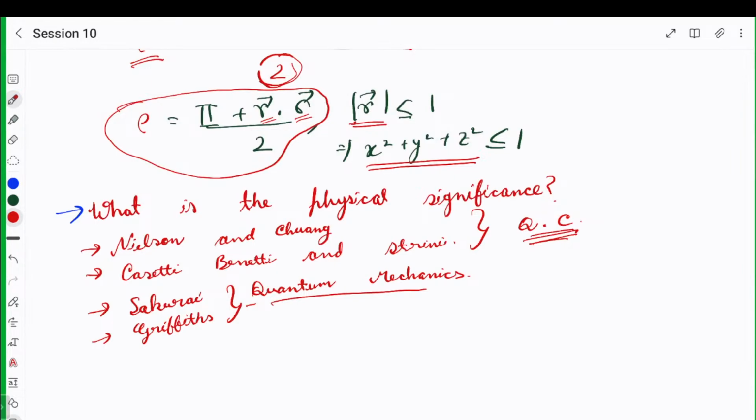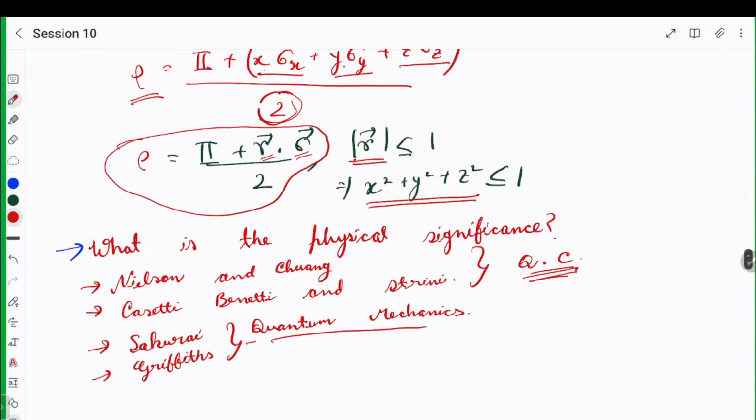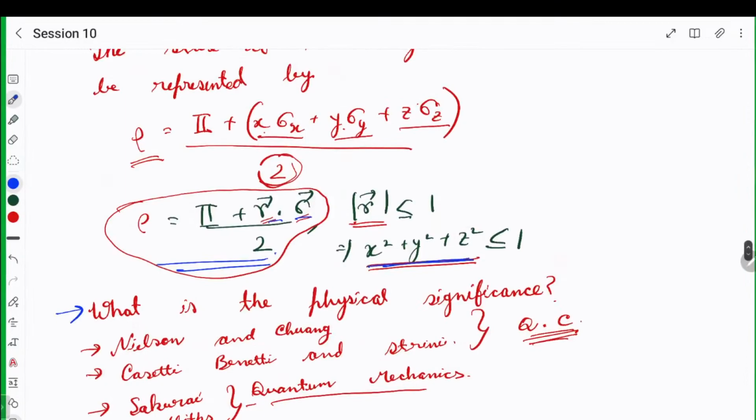Okay, let me give you the answer. The fact that we can write rho in the form of I plus r dot sigma by 2, where this constraint holds, means that we are able to express this complex density matrix by taking only x, y, z, these three real numbers, as parameters.